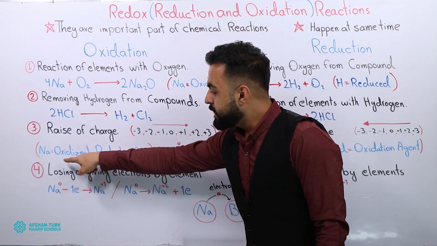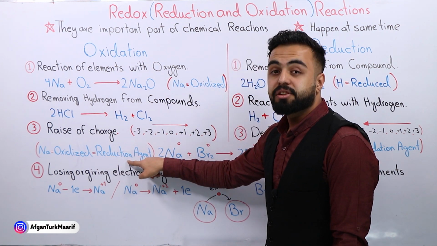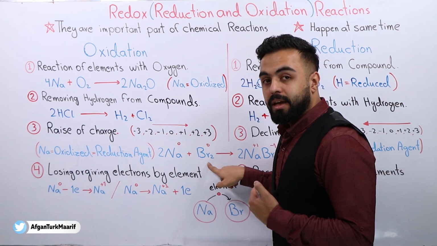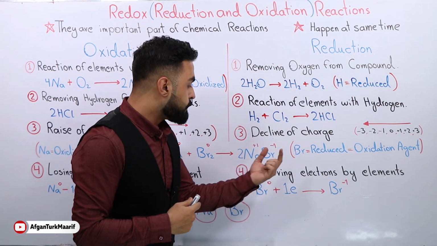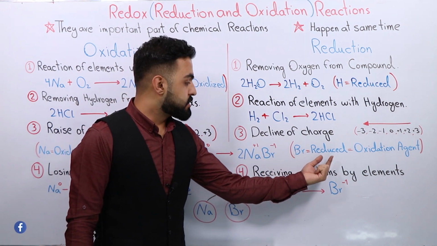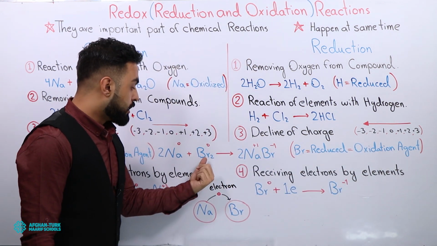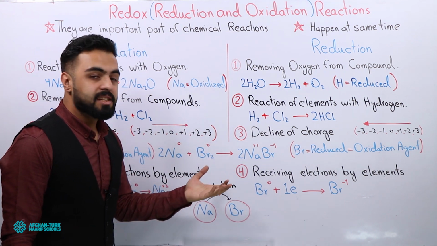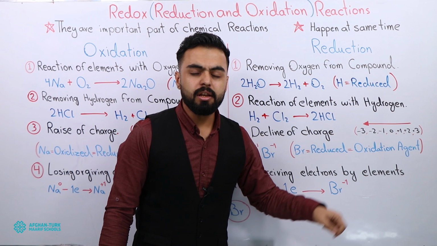So sodium is oxidized, and at the same time it is a reduction agent, because sodium is the reason that bromine is reduced. And the same for bromine. When bromine is reduced, it is an oxidation agent. Here, bromine is the reason that sodium is oxidized. So bromine is an oxidation agent.